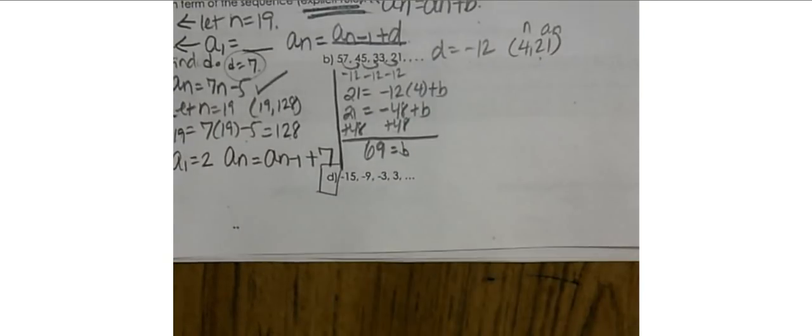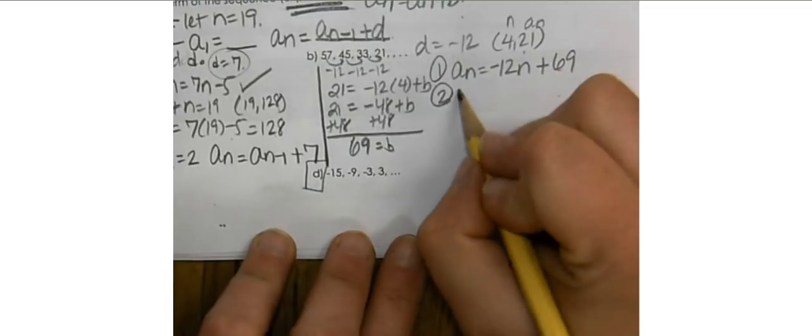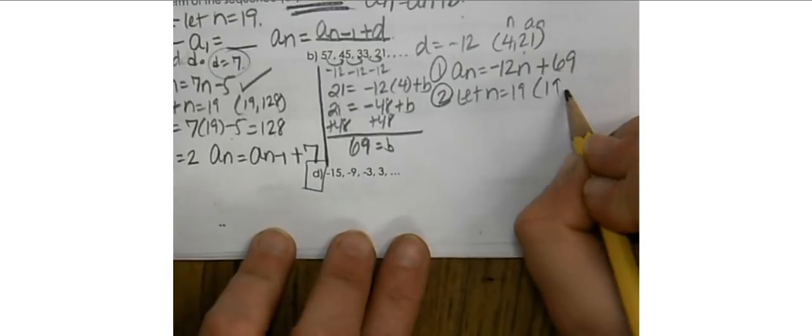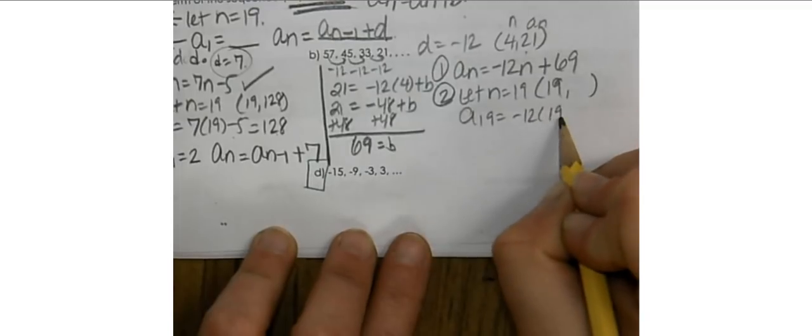All right, from there, I'm going to write my equation. That's going to be a sub n is equal to negative 12 times n plus 69. There's my equation. That's the first thing I needed to do. The next thing I need to do is let n equal 19 so I can fill out the ordered pair 19 comma something. So that's going to be a sub 19 is equal to negative 12 times 19 plus 69.